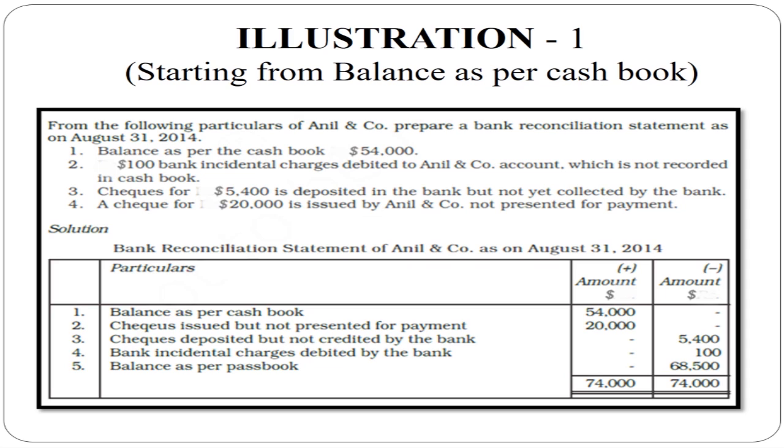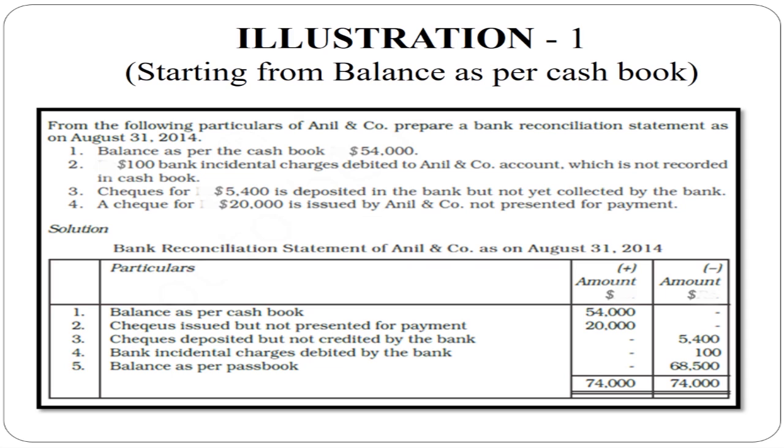In this entry, the moment the check was issued, Anil and Company have reduced the cash book balance by $20,000, but the bank balance was not reduced because it was not yet presented for payment. So the balance of cash book has been reduced. In order to cancel its effect, we will have to increase the balance of cash book by $20,000.